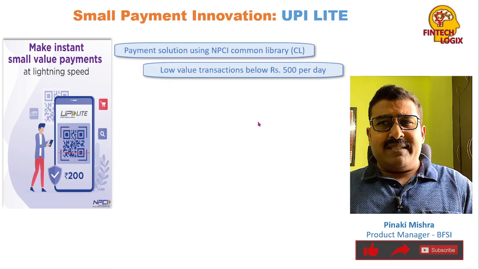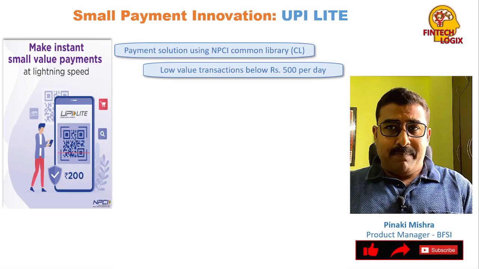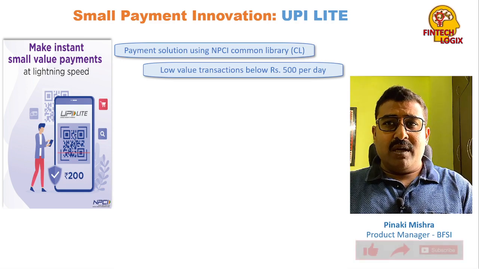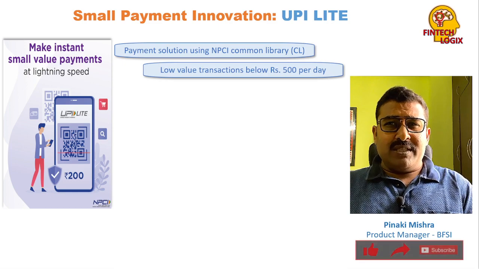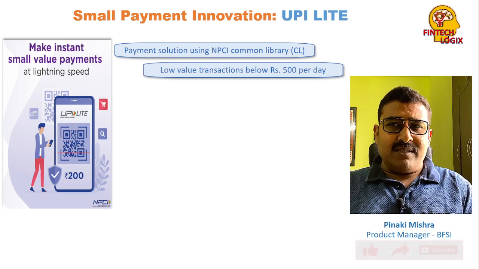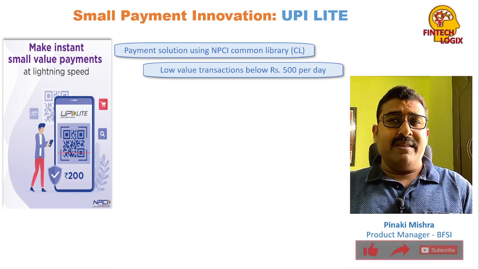Now this is facilitated by NPCI, which is also the body behind normal UPI payments. So this uses the same common library functions of NPCI to facilitate the payment, even in the case of UPI LITE.